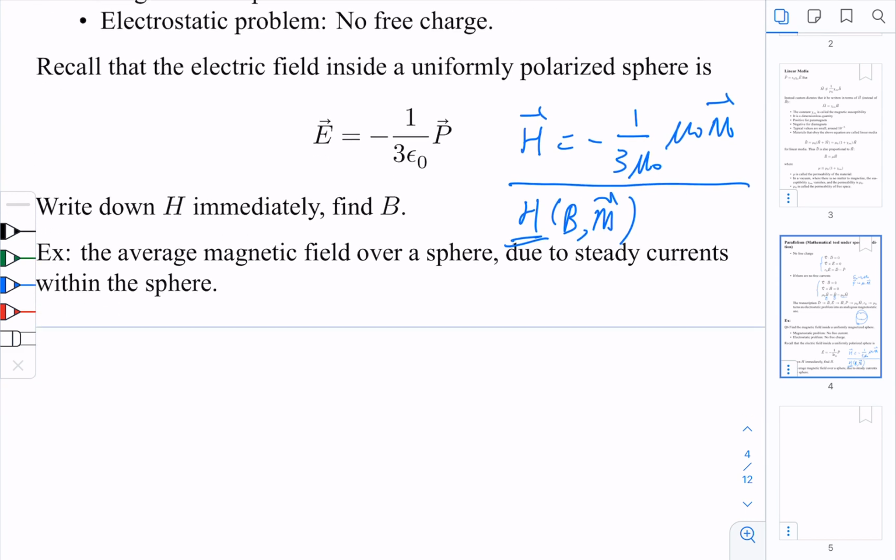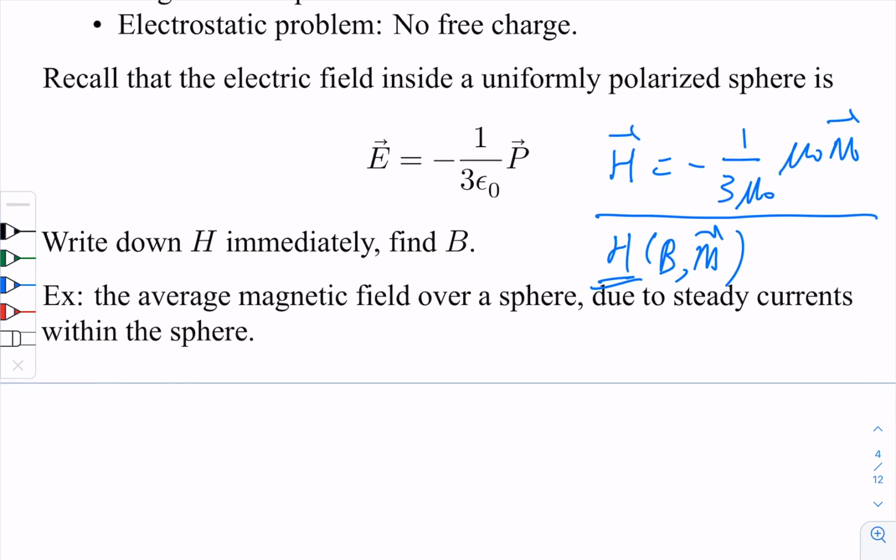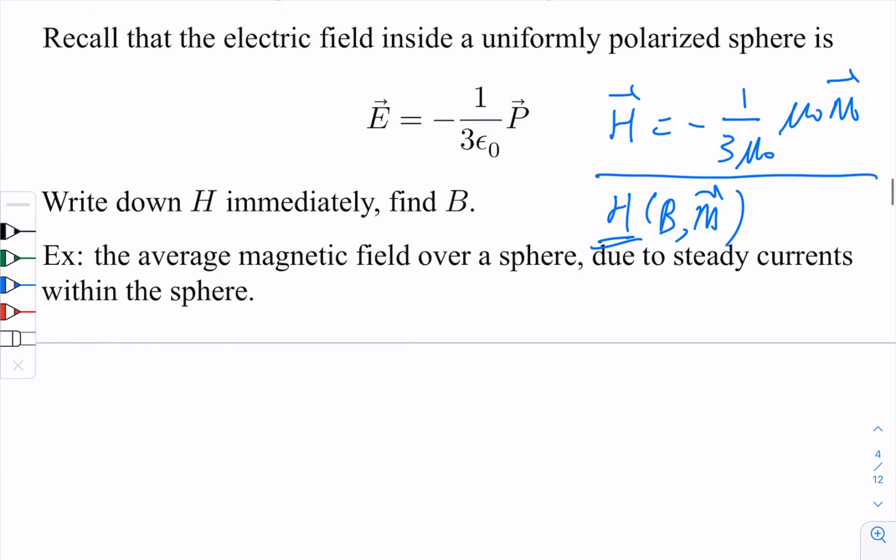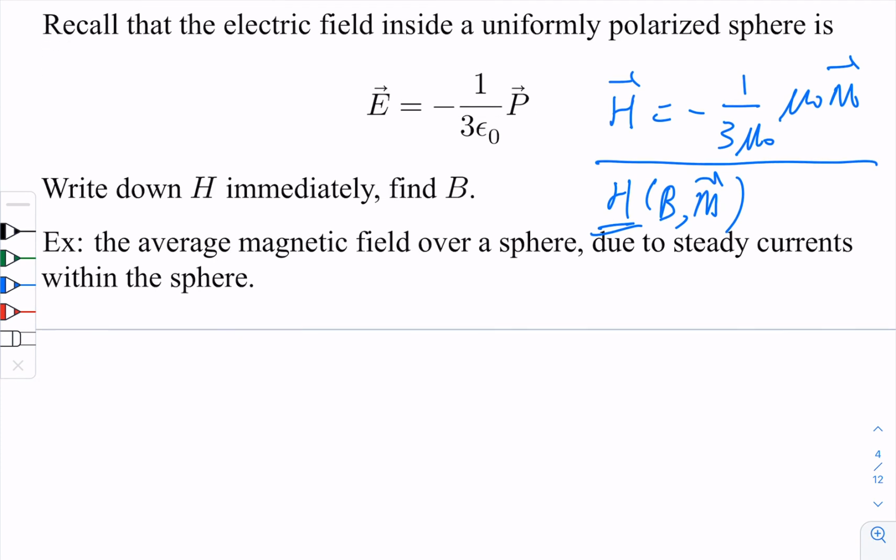For this problem, we have also finished the calculation in homework 2, the last question, maybe it's question 6 or 4.